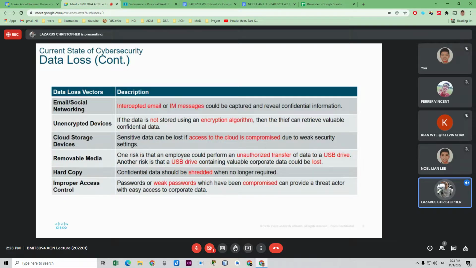So let's say you have 10 logins, and all 10 logins need a password. If you use the same password for all 10 logins, that's actually very dangerous, because once one password is cracked, all 10 logins will be compromised.